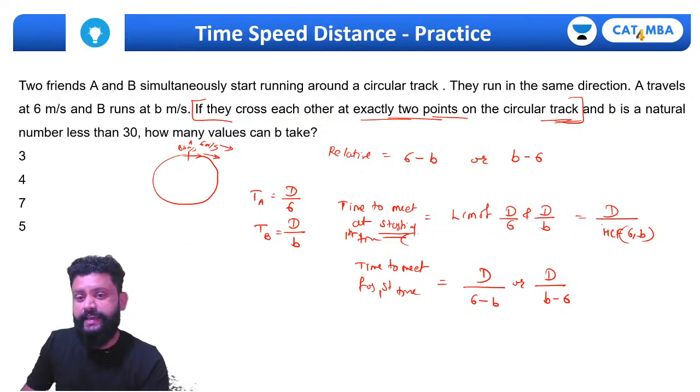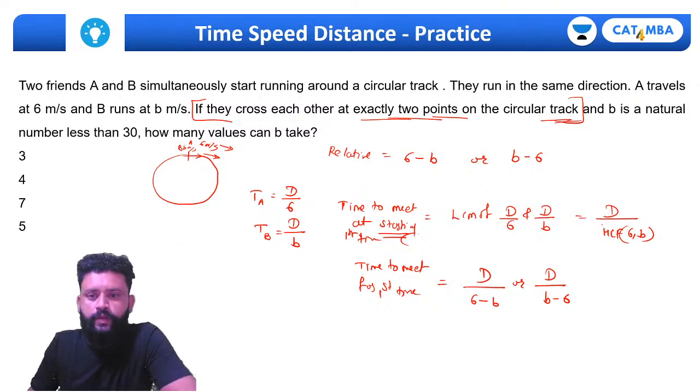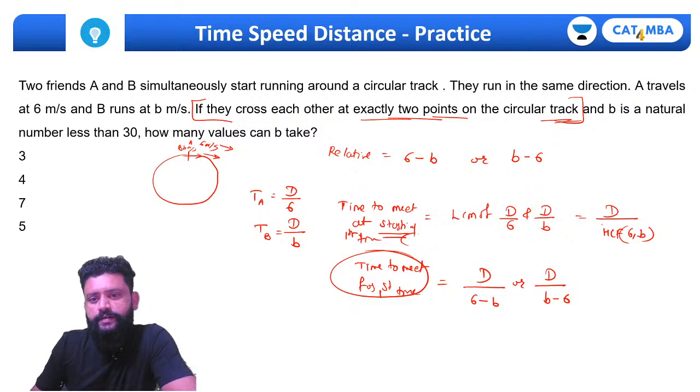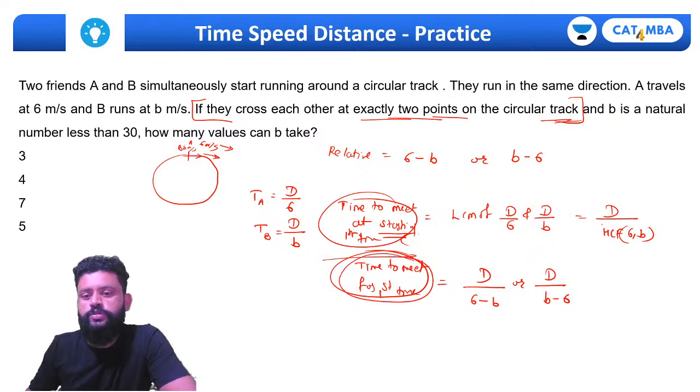So if they are to meet at exactly 2 points, what do we have to do? It should be this time, the time required to meet at the starting point divided by this time, this division must be 2. So simply d will get cancelled, and it is d upon relative speed.